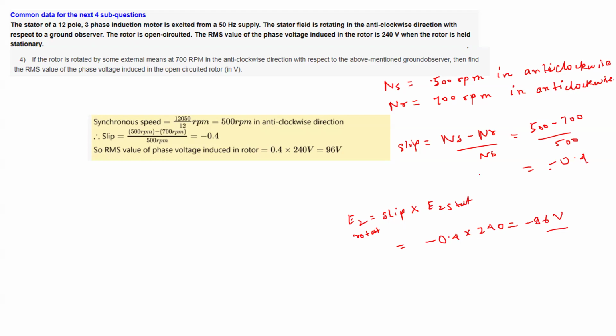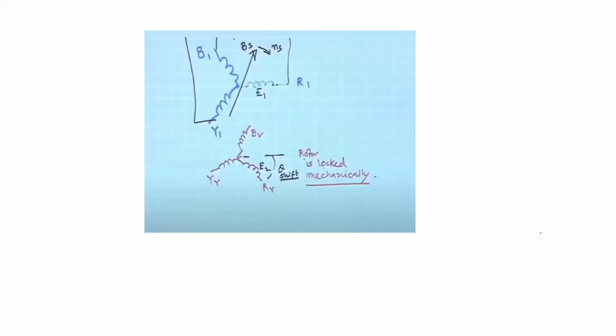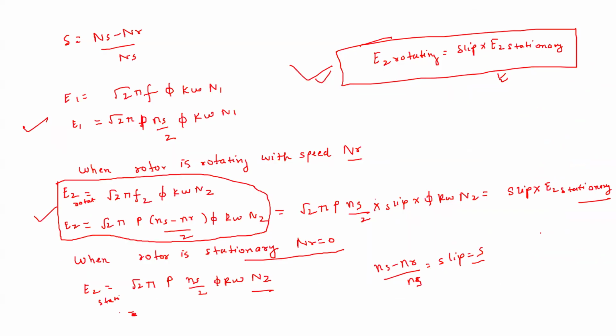If they ask you to enter a positive number, then you have to enter it as 96 volt. I guess in the question they have asked you to enter a positive number, that is why they have given it as plus. But this is a negative induced voltage. So these are some sets of questions which are related to this discussion on this slide.